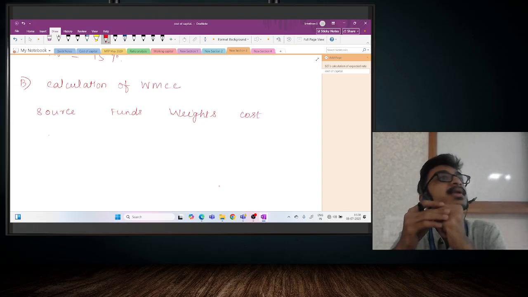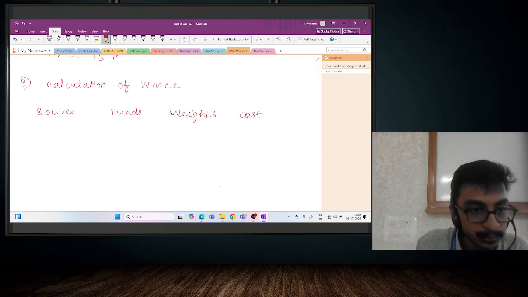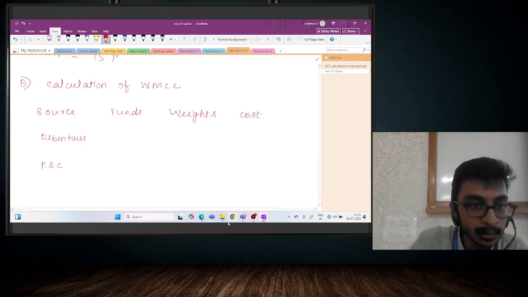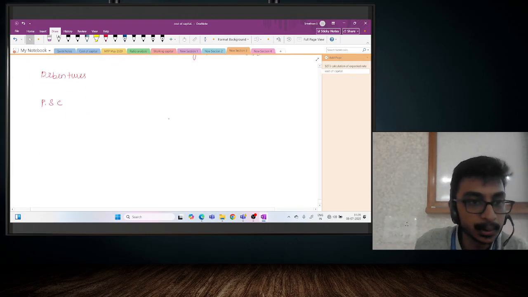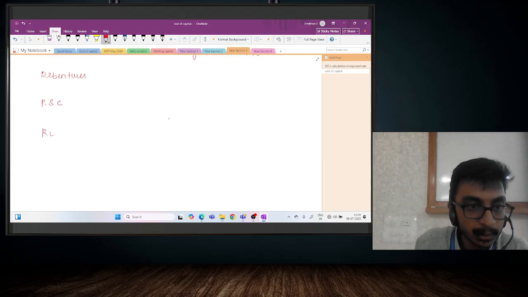So the additional finance is raised in the form of debentures, preference share capital and retained earnings. There is no new equity share capital issue. Retained earnings.